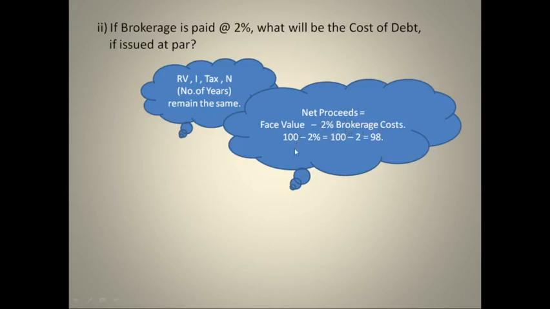So face value is rupees 100 and we take 2% of 100. So it comes to rupees 2, and the net proceeds will be equal to rupees 98. Fine. So what we do now is we find the value of RV. The redeemable value is actually rupees 100.